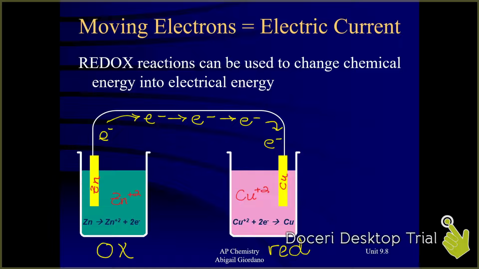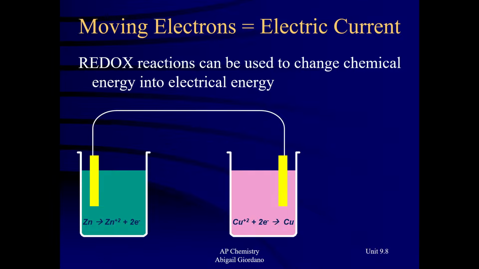Okay, so that's how we harness a chemical reaction into electrical power. And that is the general setup for a galvanic cell. So in this case, the electrons are flowing from left to right. Electrons are, just so you all know, always going to flow from the oxidation side over to the reduction side.